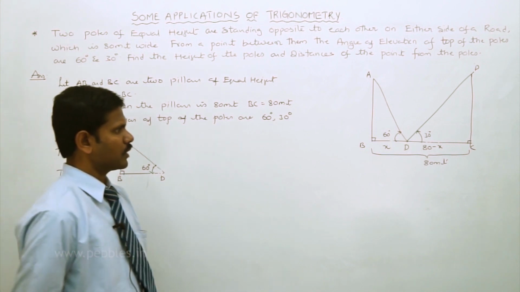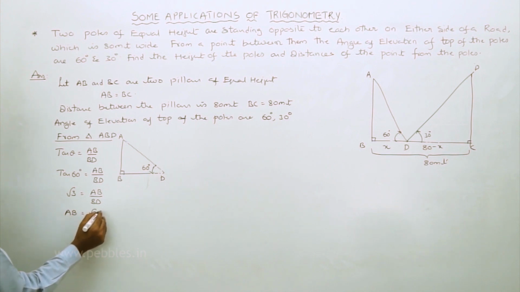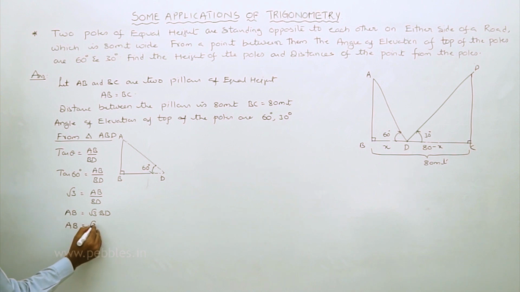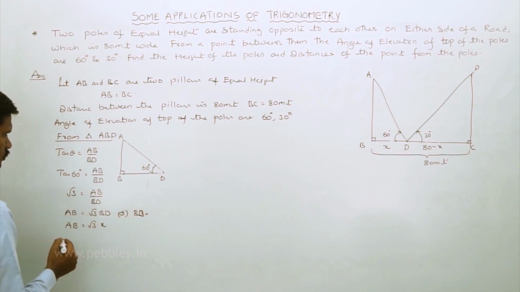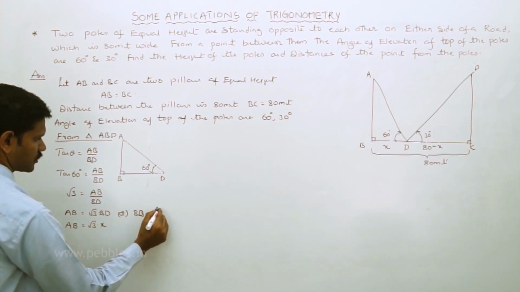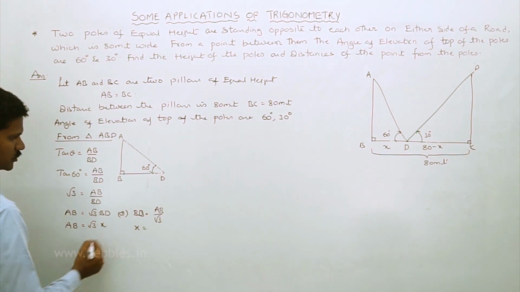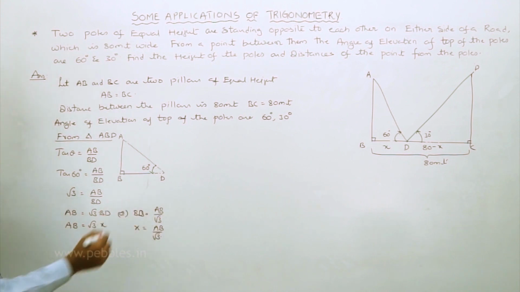Now, highlighting the AB value, AB is equal to root 3 into BD. Now, the BD value is X, that is AB is equal to root 3 into X. Or, one more choice, BD is equal to AB by root 3. That is, the BD value X is equal to AB by root 3 as an alternate choice.